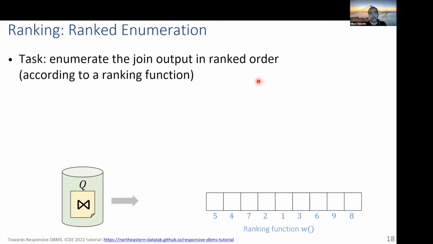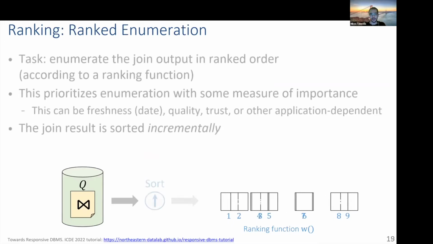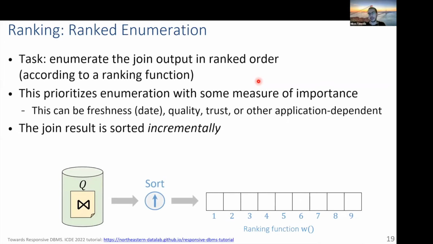Now, ranked enumeration is the case where we also have a ranking function over the output, and the join answers are ordered by this ranking function. And the standard way to do this is first to sort the array of answers, and then enumerate, but in this sorted order.